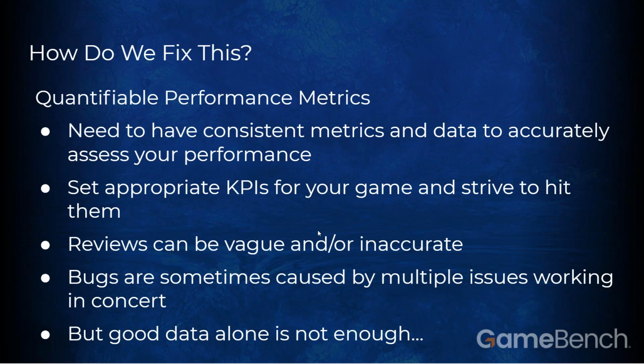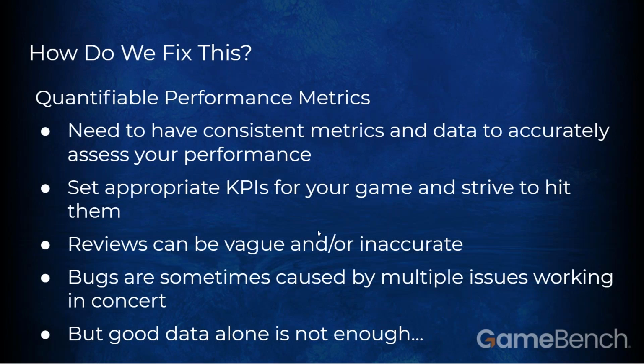So we have identified the need for quantifiable performance metrics: consistent metrics and data that from one phone to another phone, one build of the game to another, mean the same things, so that you can actually derive some insight into how you're doing and accurately assess your performance. Part of these performance metrics are setting appropriate KPIs for your game and striving to hit them, understanding what the key elements of your game's performance are and actually putting them down in numbers.